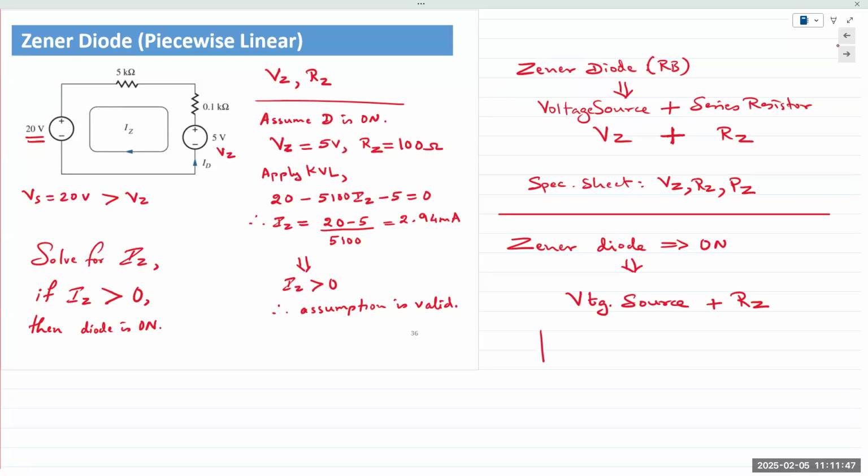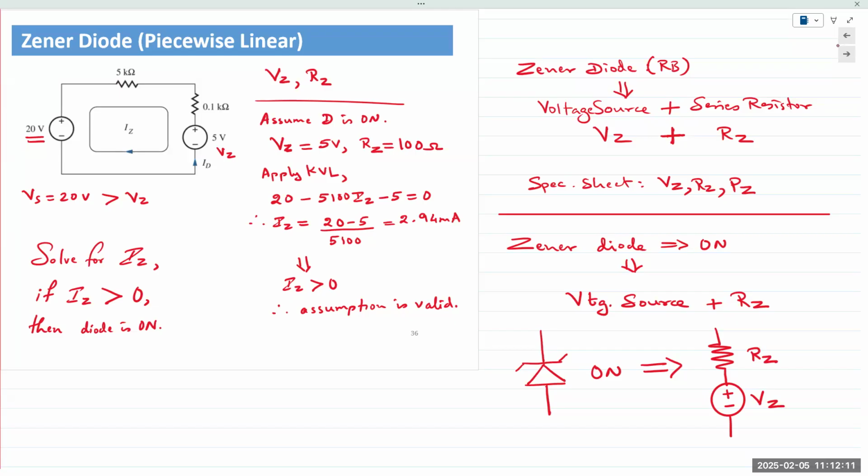So the representation would look something like this. And that would be VZ, and it would be RZ.